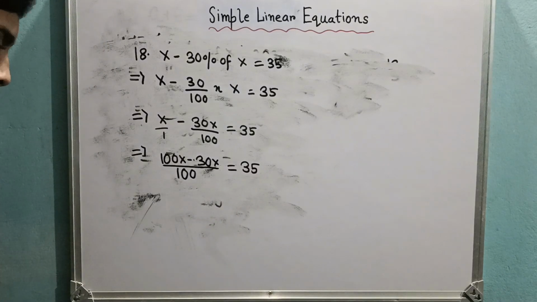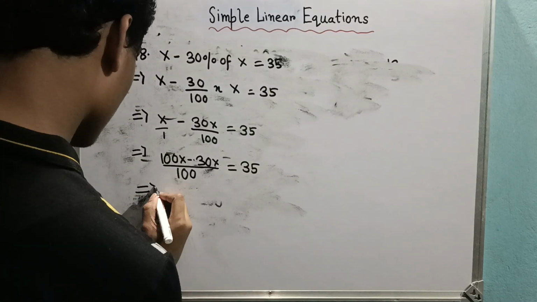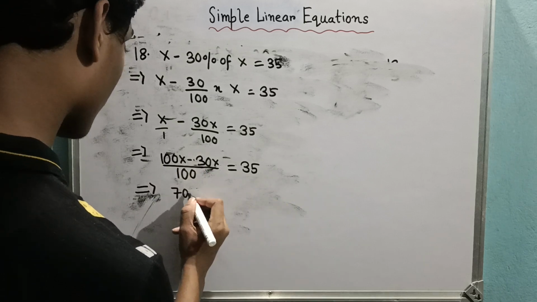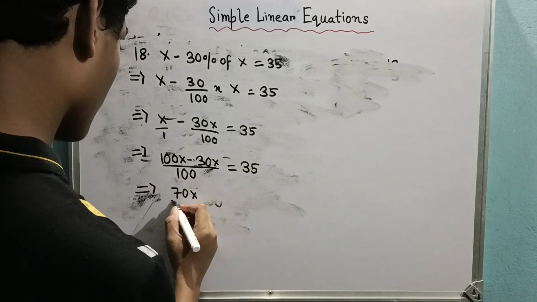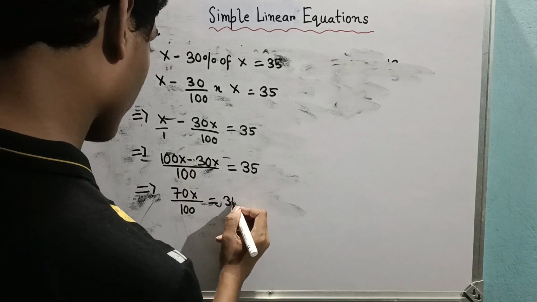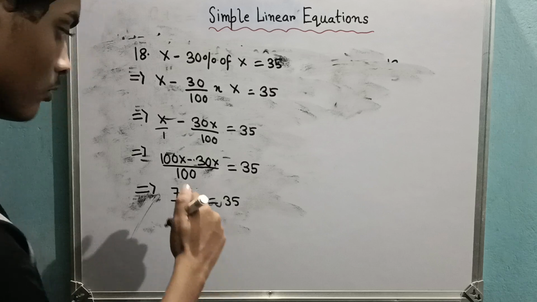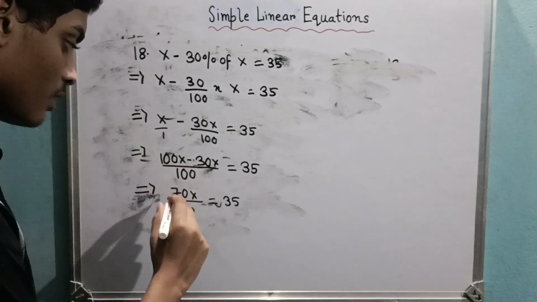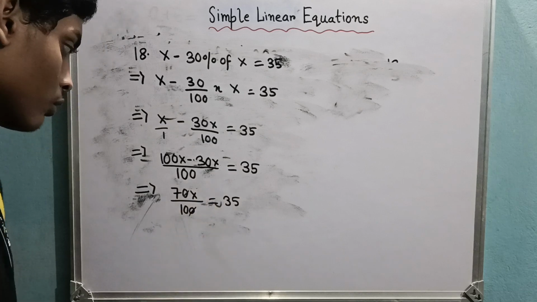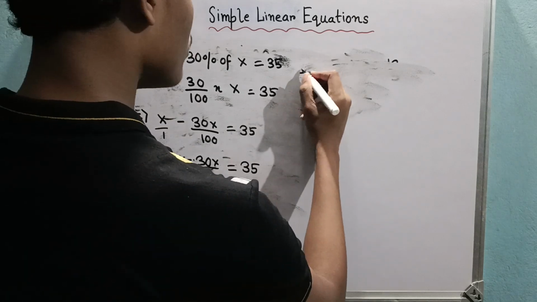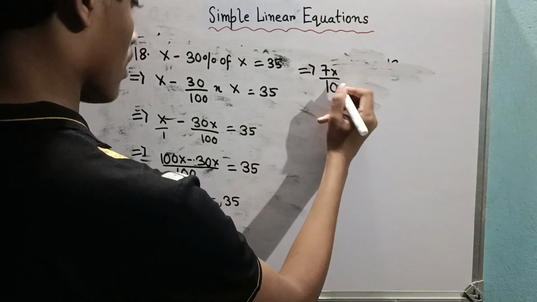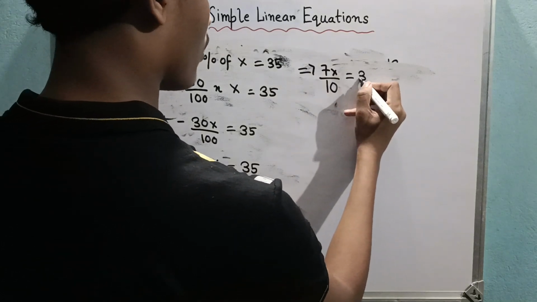You can see. So now 100x minus 30x, that will be equal to 70x by 100 will be equal to 35. Here, to make the equation a little bit easier, there are two zeros common here, so I can cancel out two zeros. Or 7x by 10 will be equal to 35.